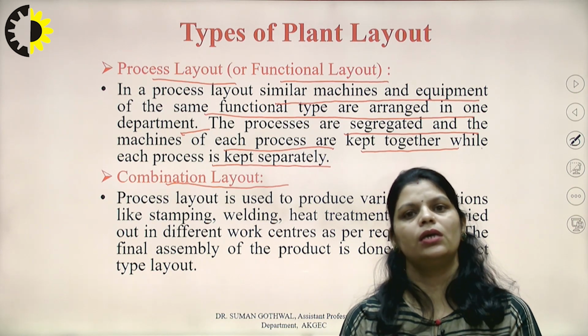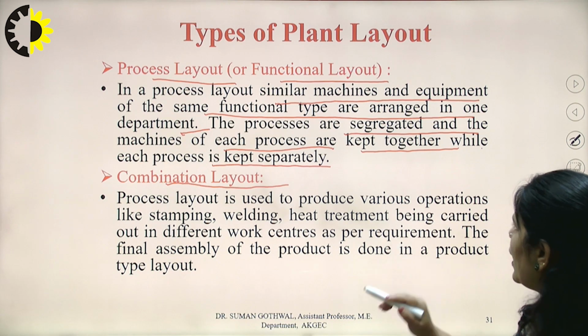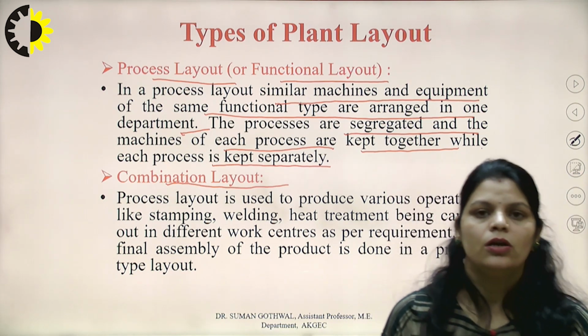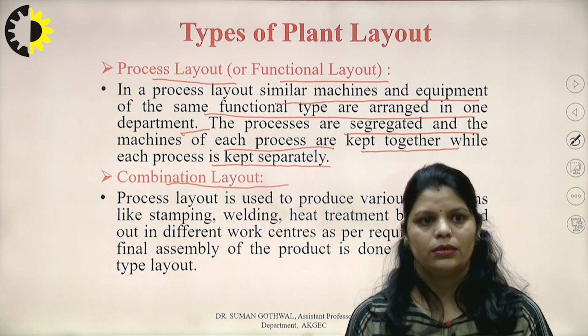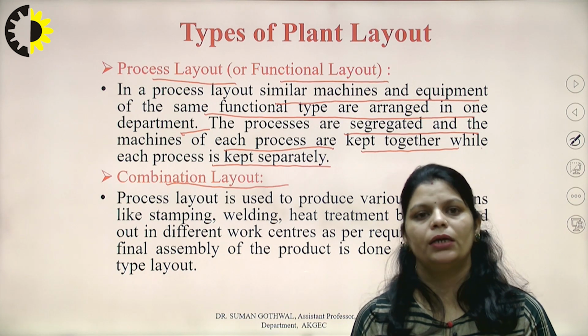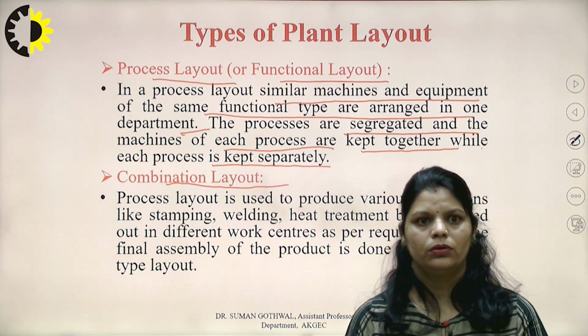So they use the combination layout. Clear? As we know, flexibility is a very important factor. So the layout should be such that it can be molded according to the requirement of the industries without much investment.